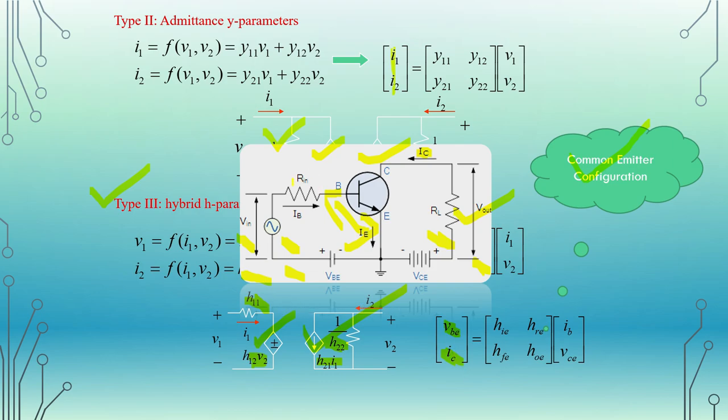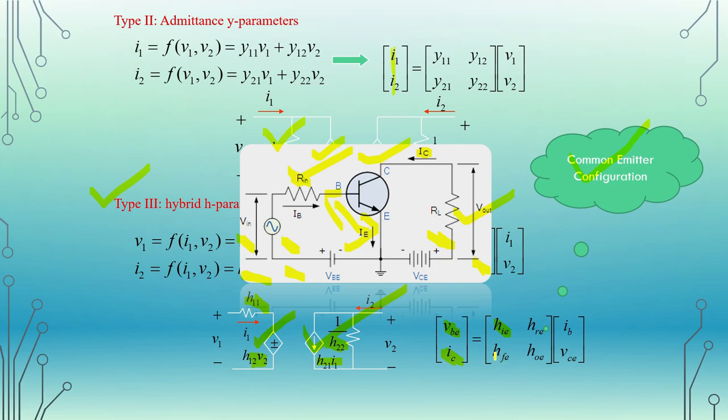Now H11 is the input resistance, so here we write it as HIE, the input resistance of common emitter. E stands for common emitter. Everywhere you can see E: HIE, HRE, HFE, HOE. E stands for common emitter, I stands for input, so HIE is the input resistance.